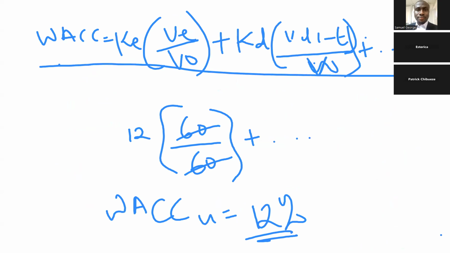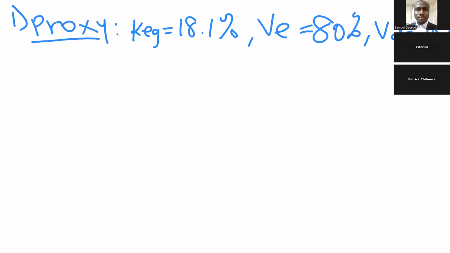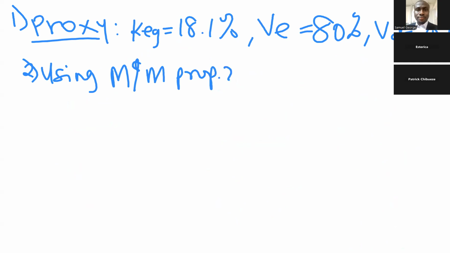Now, using Miller and Modigliani, step two, using M&M proposition 2 to calculate cost of equity ungeared. This cost of equity ungeared will give you business risk.